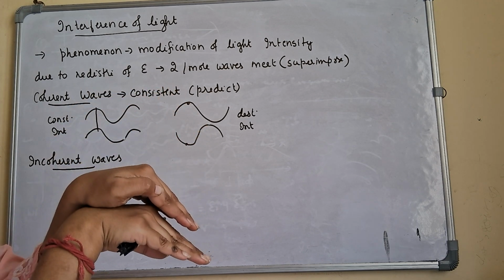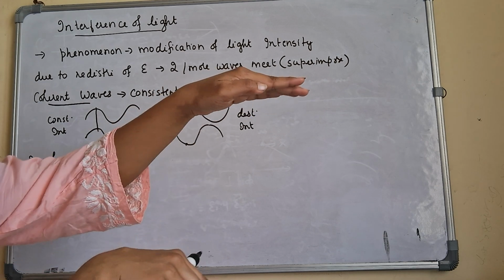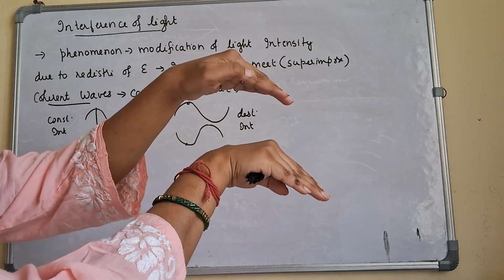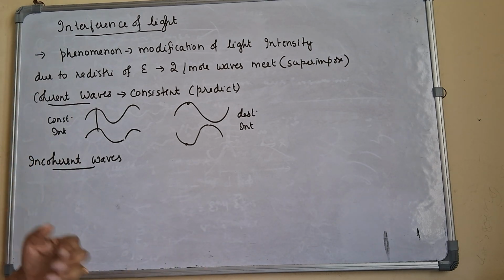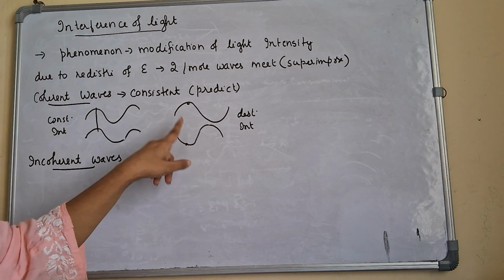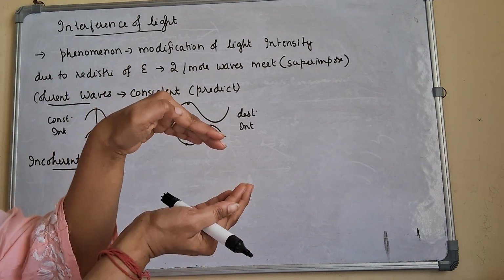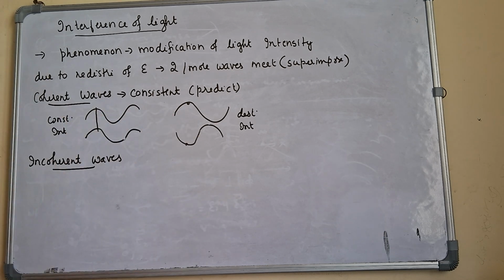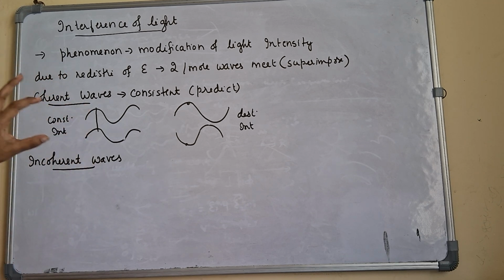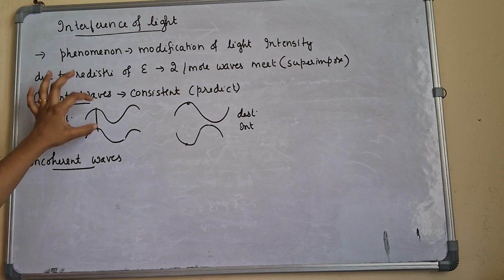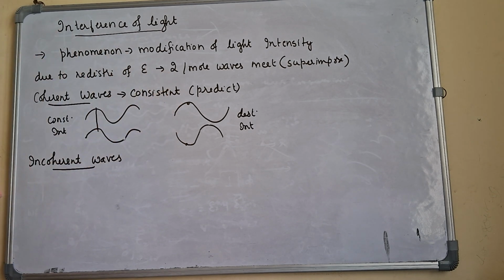Let us say after 5 seconds, whenever you observe the position of the crest in the first wave, the crest of the second wave will also be on top of it. Or another case could be the crest is here and the trough is here, this way. But it is predictable. So coherent waves are those waves which are consistent, that means whose behavior you can predict. Either at any time the crest will be on top of crest or the crest will be falling on trough.